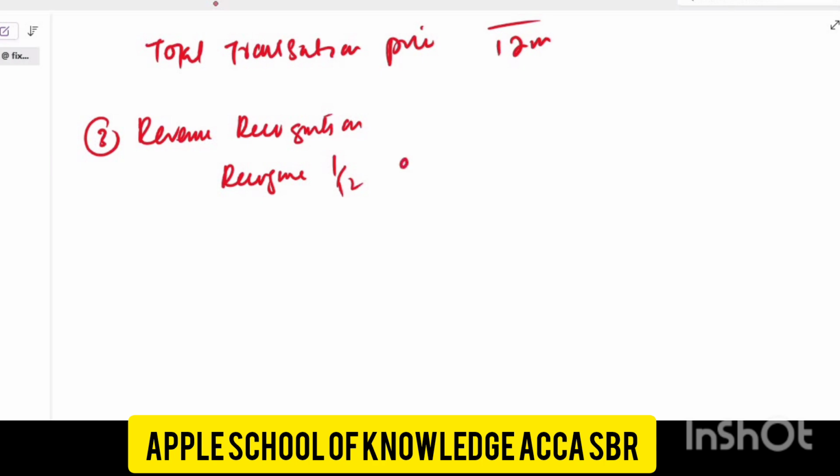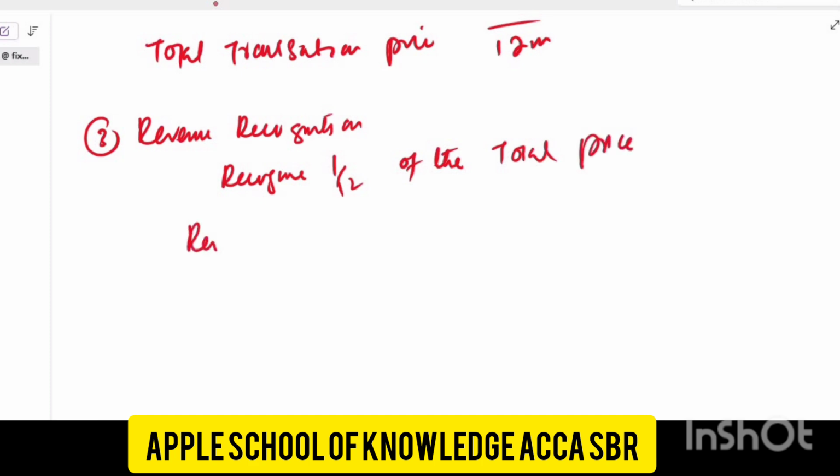Now the third step is revenue recognition. Recognize 1/12 of the total price.